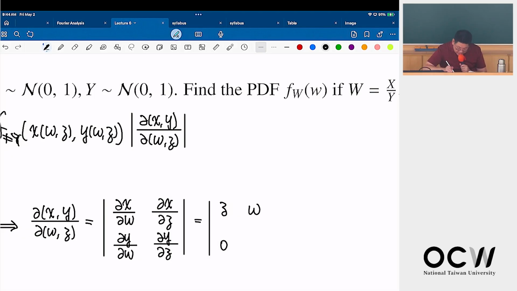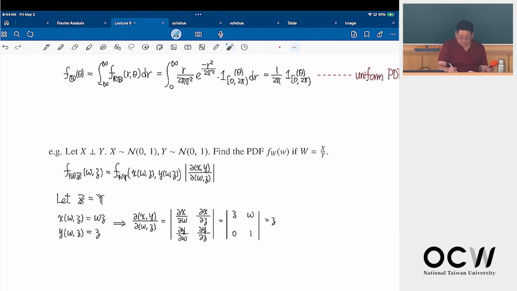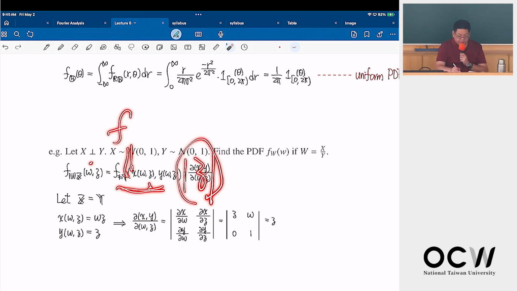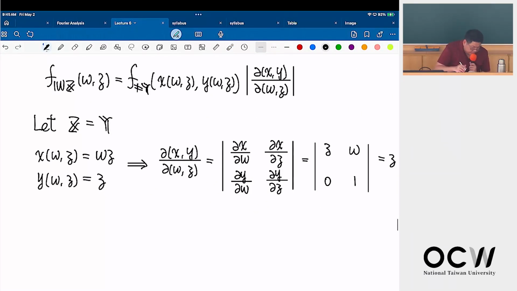Partial Y over partial Z, that's 1. So overall, the Jacobian is Z. So here is the absolute value of Z, and X and Y are independent, so the joint PDF is the marginal PDF of X times the marginal PDF of Y. Now we can find the PDF of W.